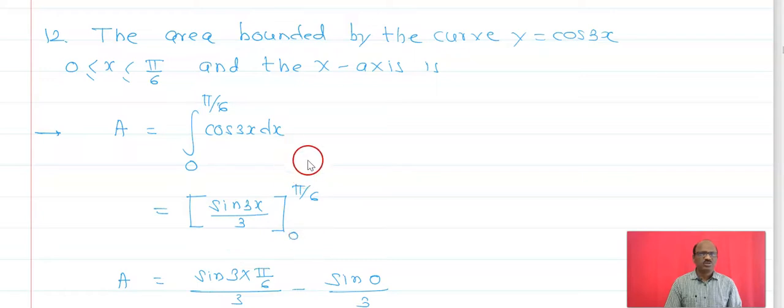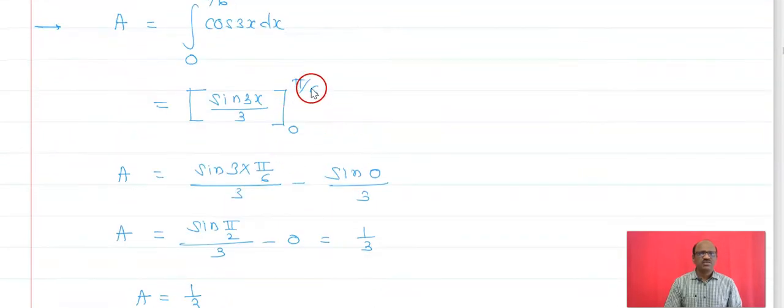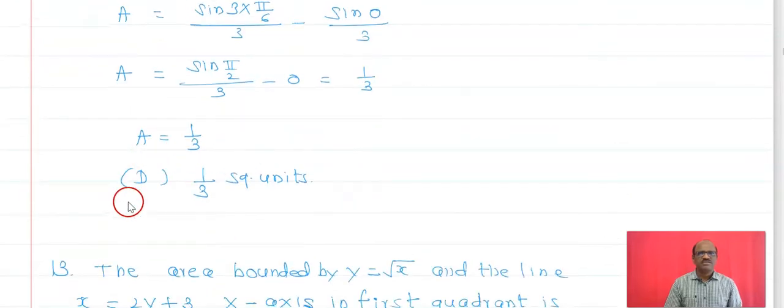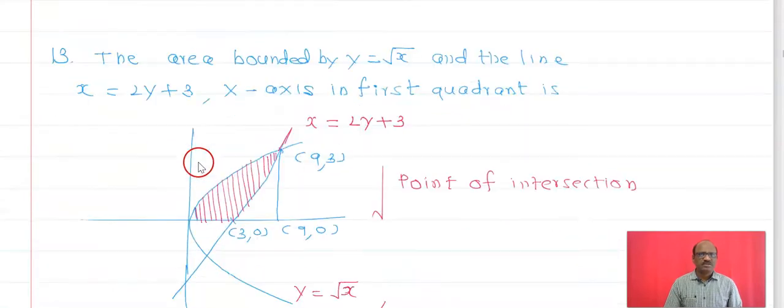Lower limit is 0, upper limit is pi by 6. Now, replace x by pi by 6. That is sine of 3 pi by 6 upon 3 minus sine of 0 upon 3. This 3 into pi by 6 gives pi by 2 upon 3 minus 0. Now, what about sine 90? Sine 90 is 1, that is 1 upon 3. A is equal to 1 by 3, and therefore, option D is the correct one, that is 1 by 3 square unit.